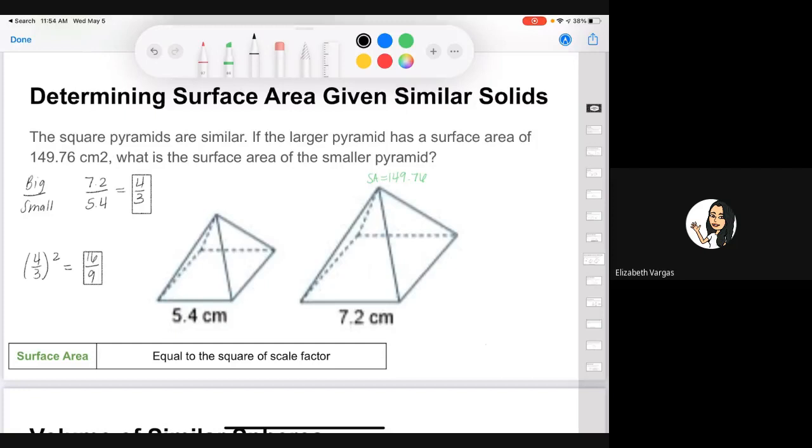Okay, so now I know my surface area scale factor. It's that one right there, according to that theorem. Given this information, I'm able to find what my surface area is going to be equal to, because my surface area will basically be changed by this scale factor.